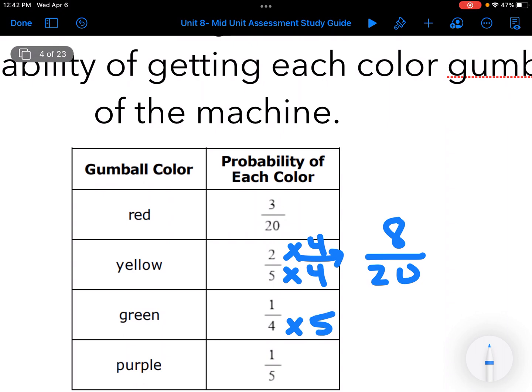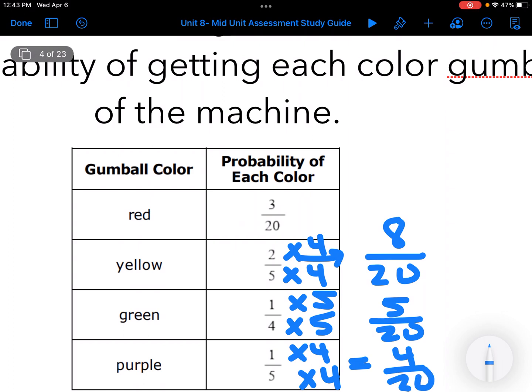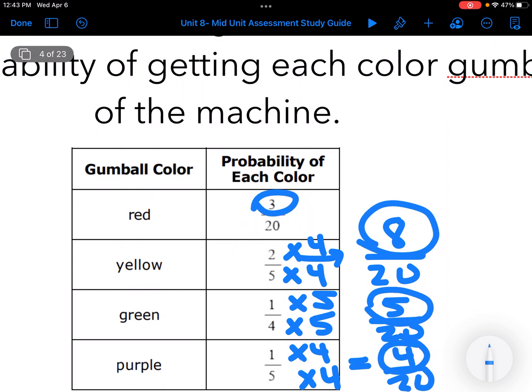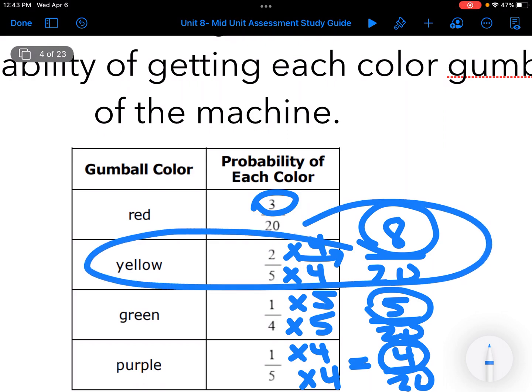And then I'm going to multiply that by 5. So I get 5 20ths. I'm going to multiply by 4. And I'm going to end up with 4 20ths. So I know that I can now compare all the numerators. So the color I'm most likely going to get is yellow.